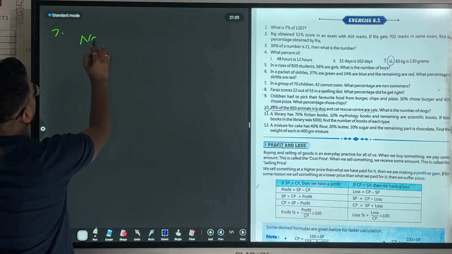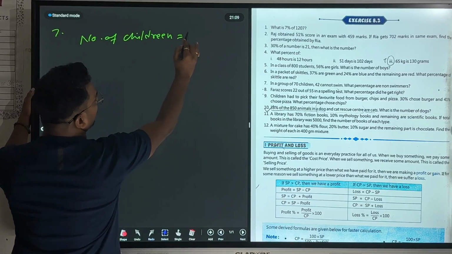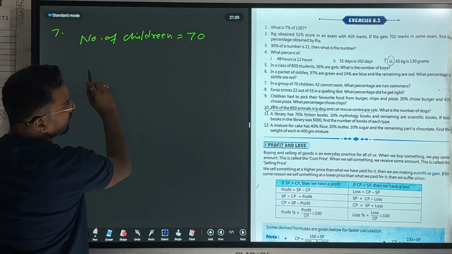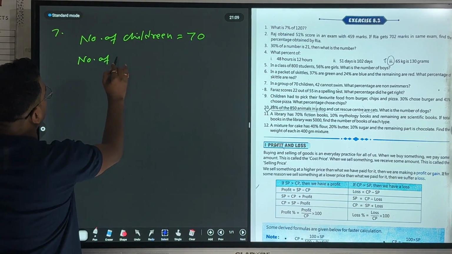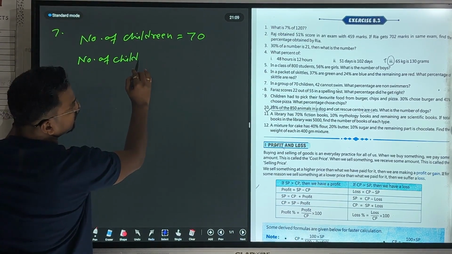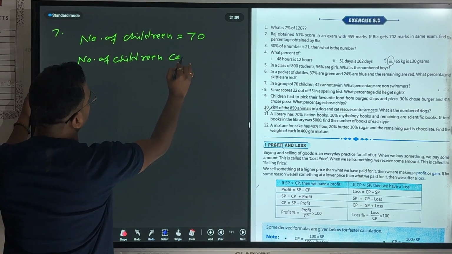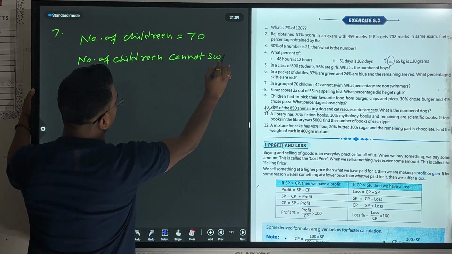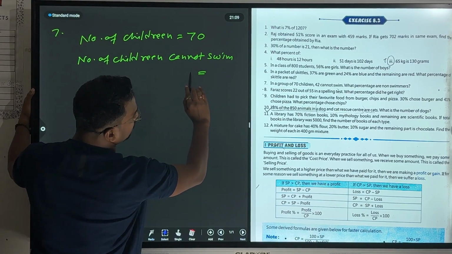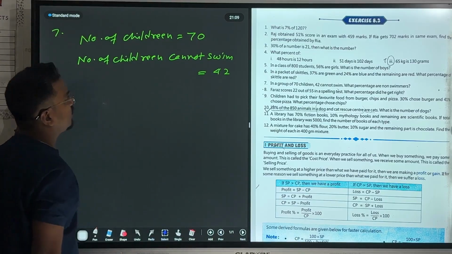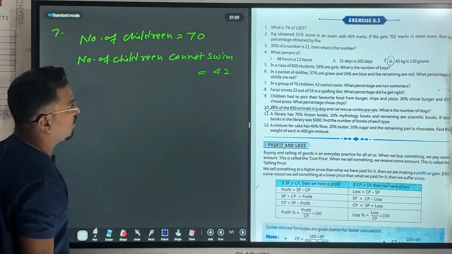So, the number of children is given as 70. The number of children who cannot swim is 42. So you have to find the percentage of children who cannot swim.